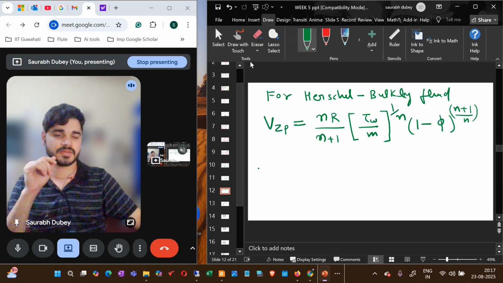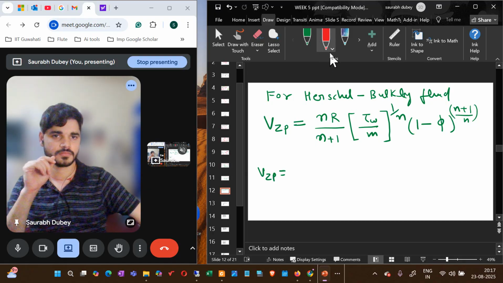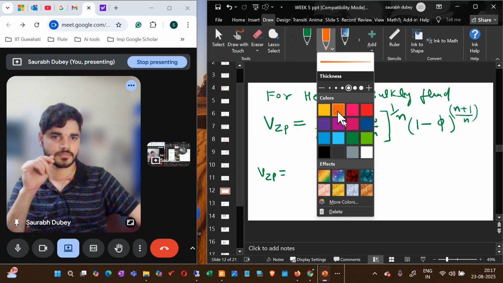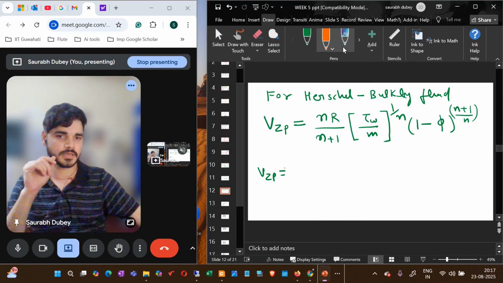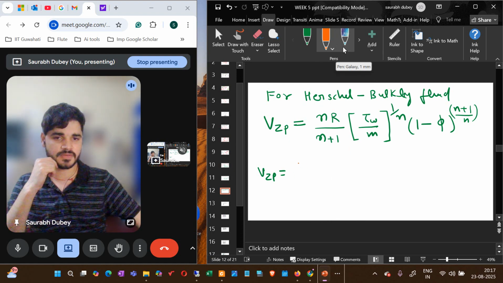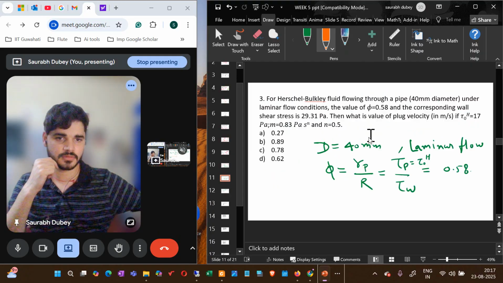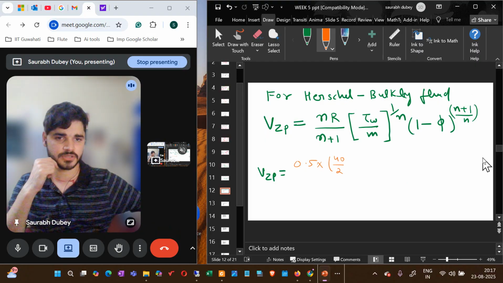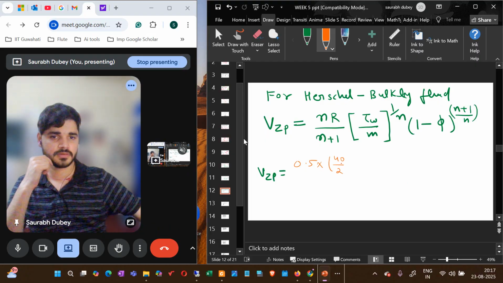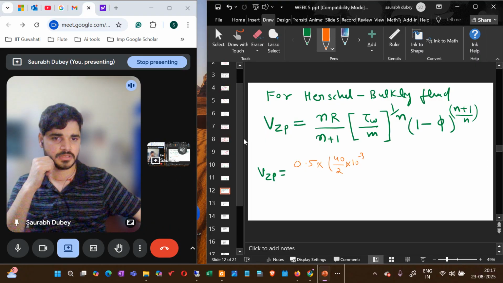And when you put the values that you are given, the value of n is 0.5, multiplied by 40 by 2, right? The diameter is 40, radius is 20 by 2 into 10 to the power minus 3, divided by what? n plus 1 is 1.5 plus 1.